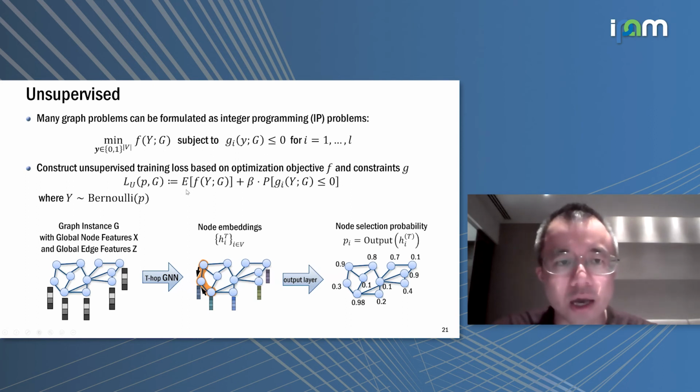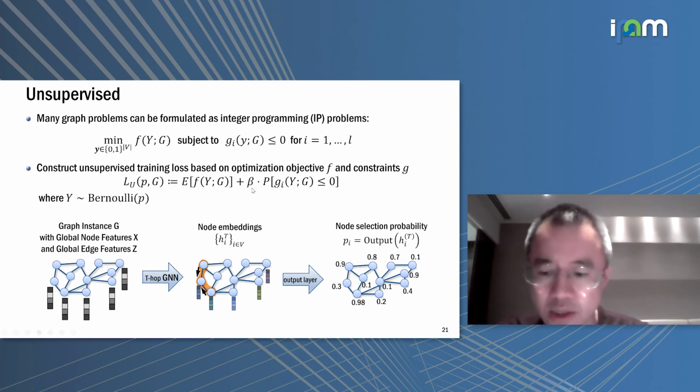You have an objective function, a little bit like an augmented Lagrangian, which takes into account the objective function and constraints, and use an unsupervised learning approach to train the graph neural net. This allows the approach to be trained on much, much larger graph structures.